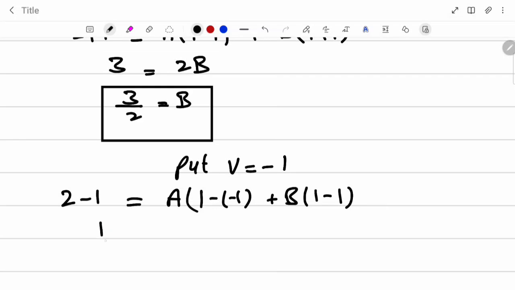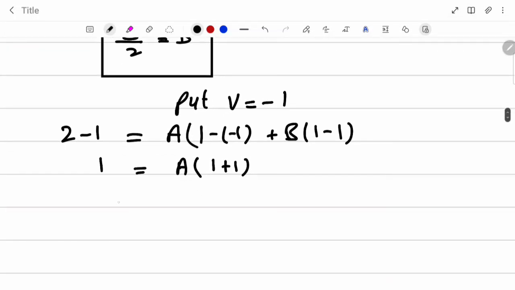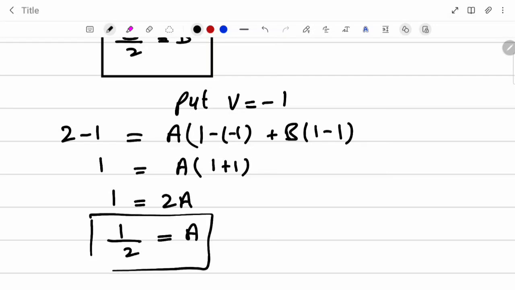So we have 1 equals 1 plus 1, because negative negative becomes positive, and b is eliminated. So we have 1 equals 2a. So 1 upon 2 is equal to a. So there we have the answer of a as well.